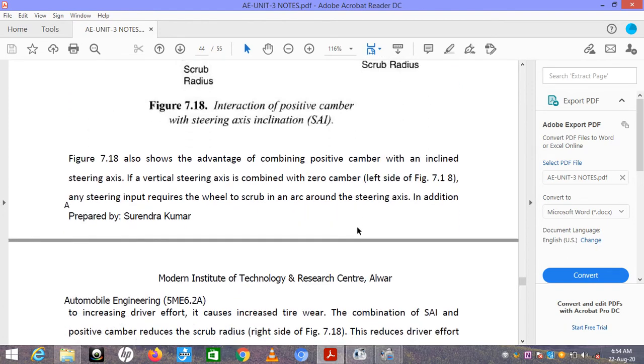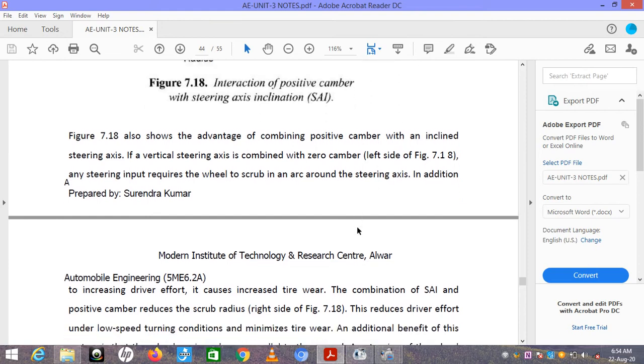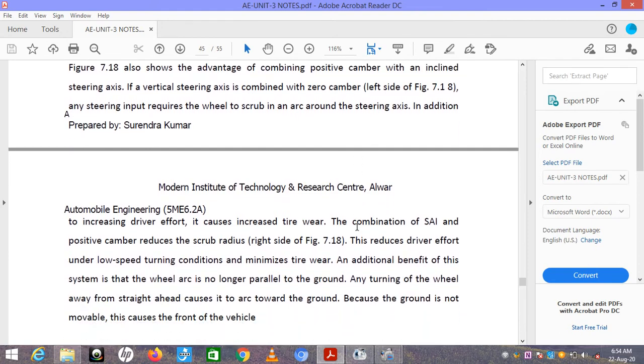The advantage of combining positive camber with an inclined steering axis: if a vertical steering axis is combined with zero camber, any steering input requires the wheel to scrub in an arc around the steering axis. In addition to increased driver effort, it causes increased tire wear.